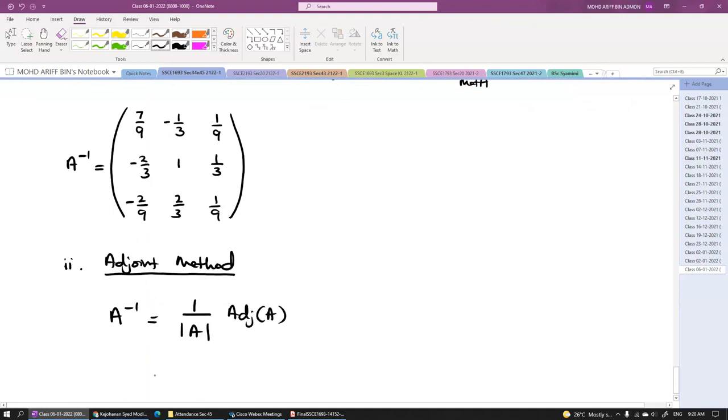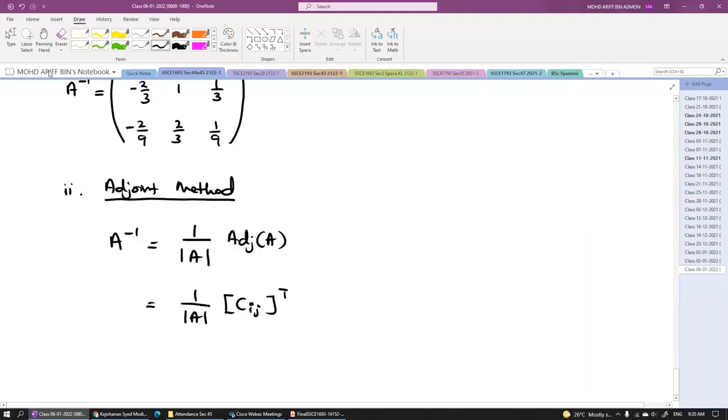What is the meaning of the adjoint? Adjoint here means that you have the cofactor matrix transpose. So you have to find your cofactor matrix first.